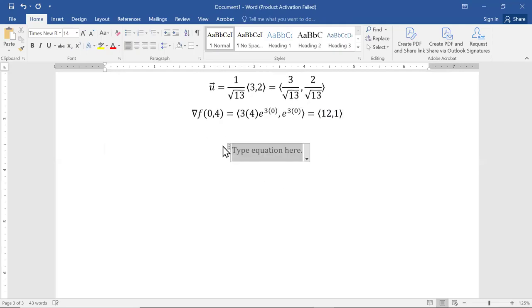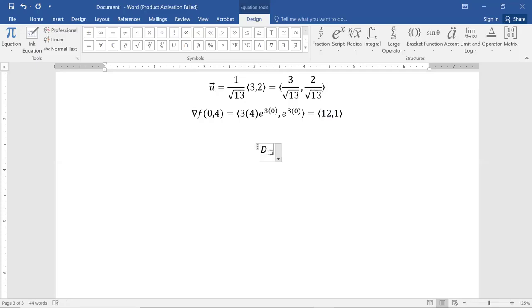So what that means is that the directional derivative in direction of u of f at the point (0, 4) is going to be the dot product of my gradient at (0, 4) with the unit vector u, which means I'm going to take 12 times 3 over root 13. 12 times 3 is 36. So we get 36 divided by square root of 13.